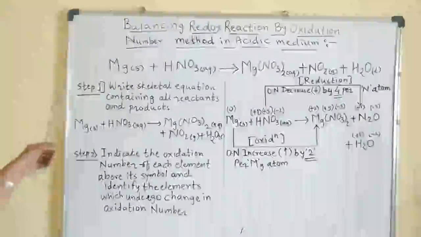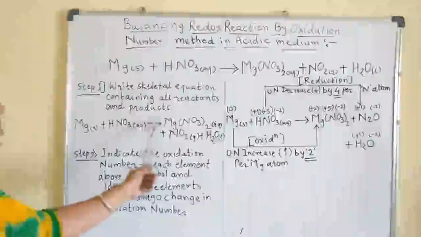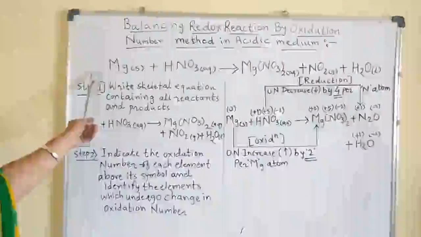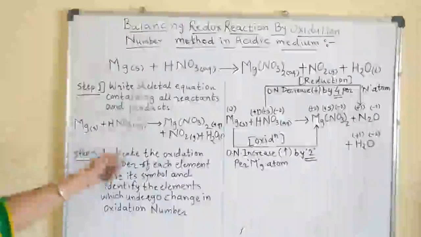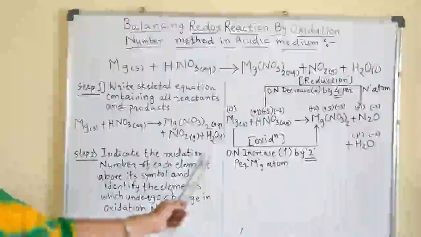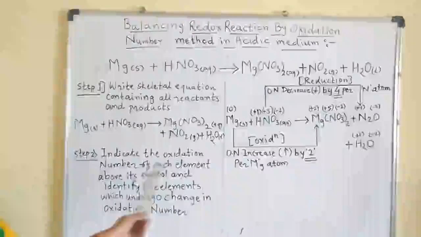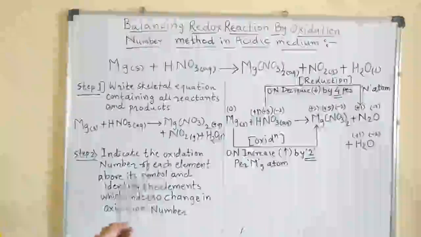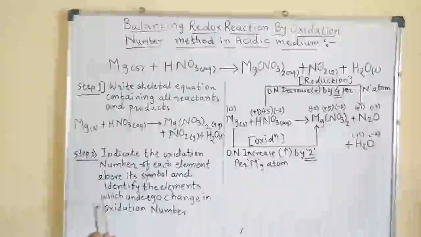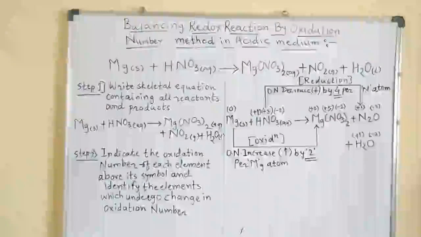The first step is to write the skeletal equation containing all reactants and products. The skeletal equation is already given to you, so you simply copy it in step first. In step second, indicate the oxidation number of each element above its symbol and identify the elements which undergo a change in oxidation number.